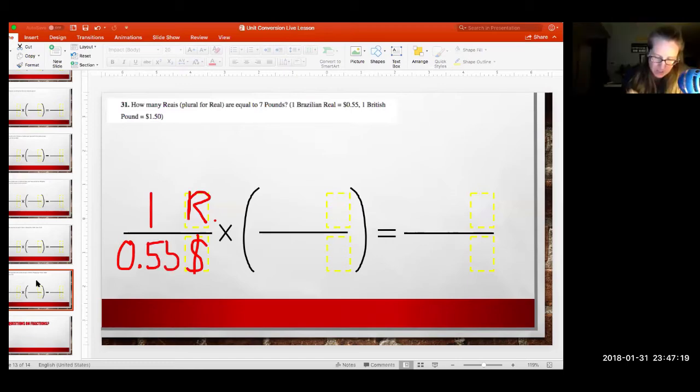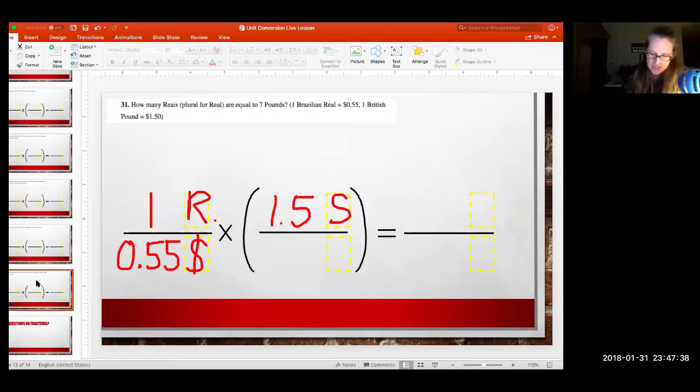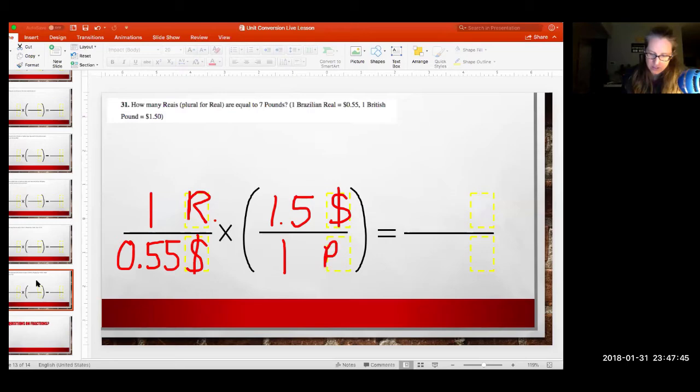Got it. And then in the next fraction, I put on the top $1.5. And then on the bottom, 1 pound. I'm going to write pound so it's not confusing.